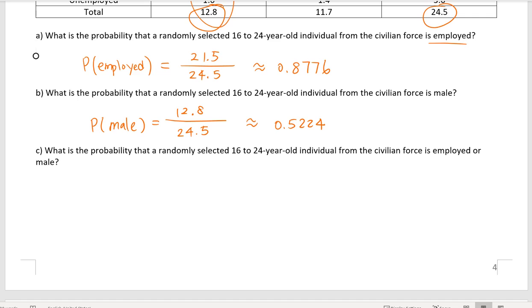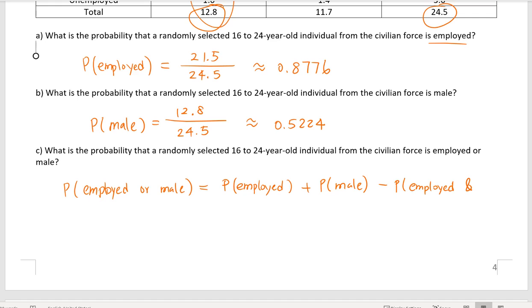Part C. What is the probability that a randomly selected 16 to 24-year-old individual from the civilian labor force is employed or male? So probability of employed or male. This is like union, so we need to use the general addition rule. So this is the probability of employed plus probability of male minus probability of employed and male. Employed is 21.5 over 24.5.